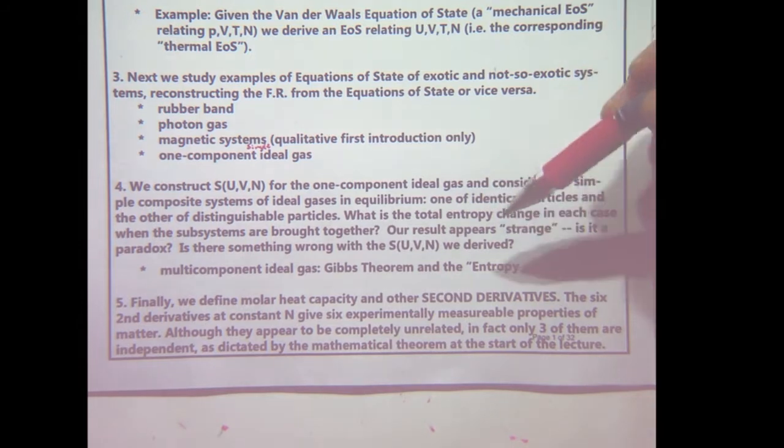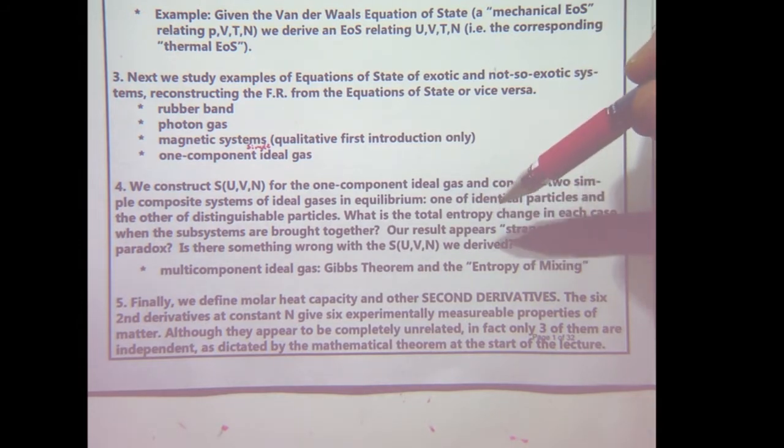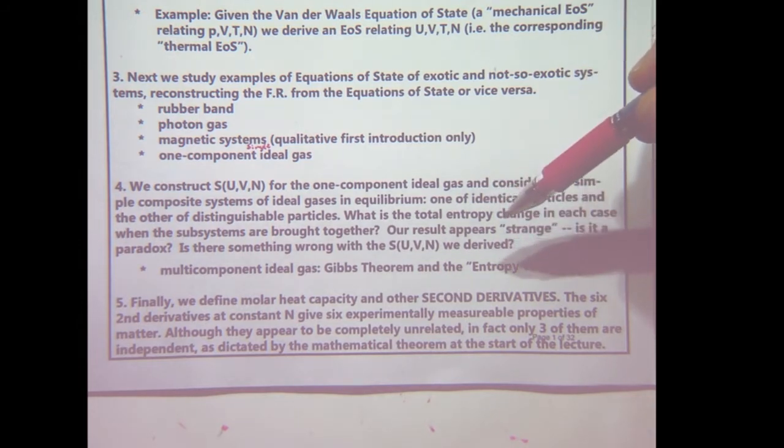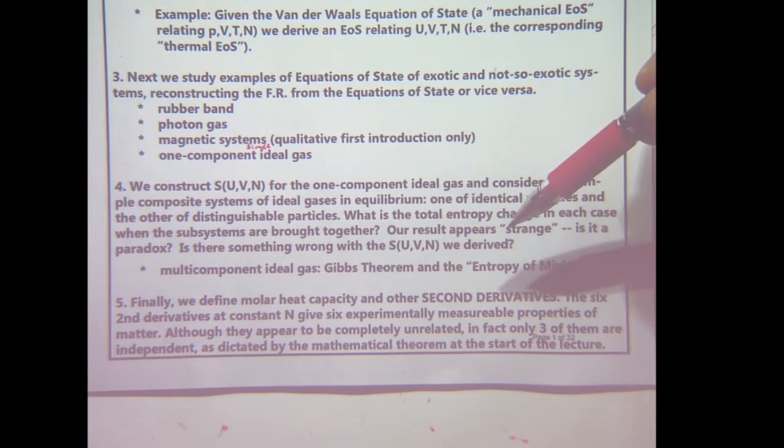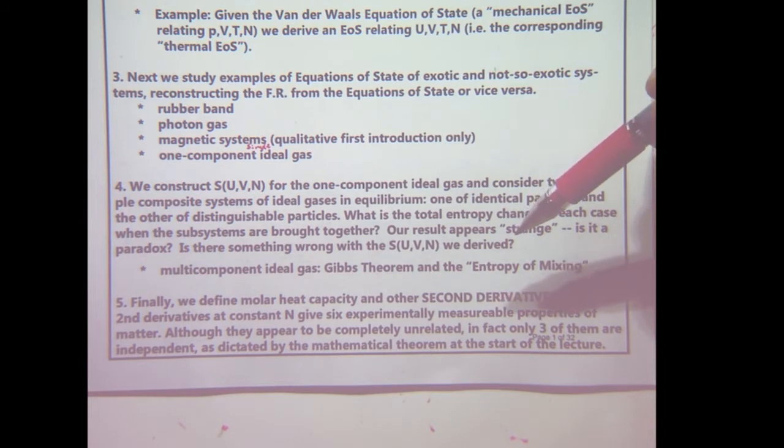But in the two different situations, you'll have identical particles in one experiment, and in the other experiment you have distinguishable particles. In one experiment both chambers have indistinguishable, identical particles, and for the other experiment the chambers have distinguishable particles.